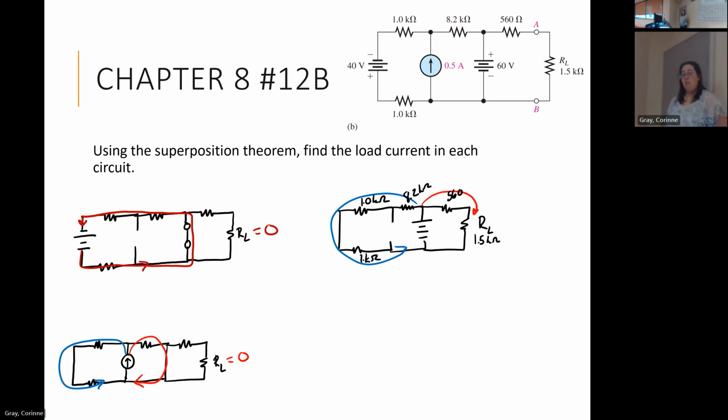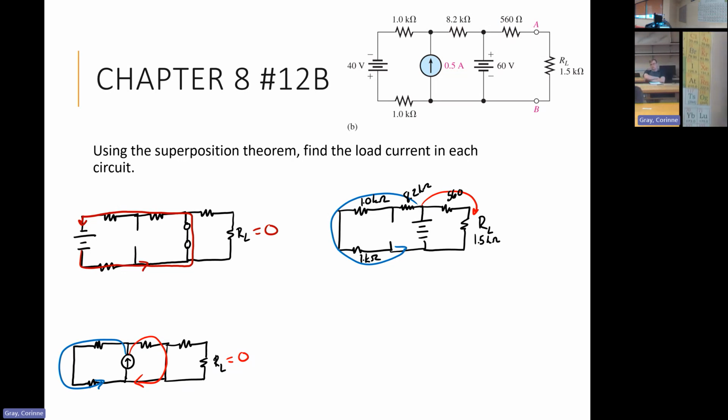Or what we can do is use the voltage divider to figure out how much voltage is across a branch. Because we know that if this is 60 volts, this part has to be 60 and this part has to be 60 as well.